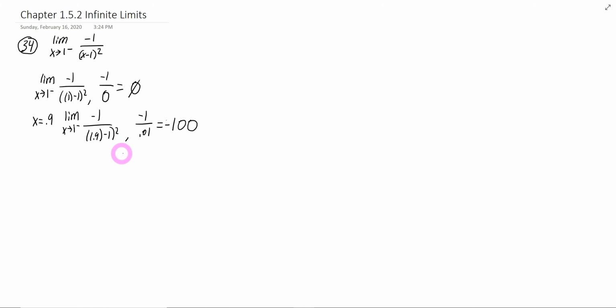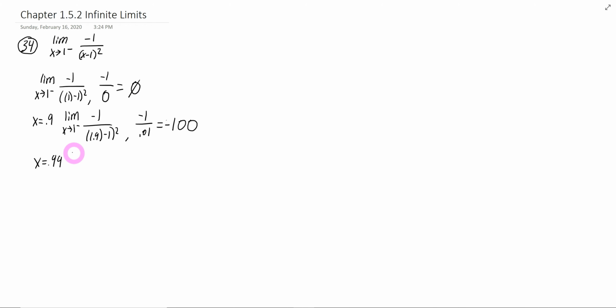Now we have to fill out our next data point. So our next one here is going to be at x equals 0.99. So you can see we're getting closer and closer to 1. But we're not going to be able to get there because if we do go directly to 1, we're going to get an undefined result. So we're going to try and get there as close as we can.